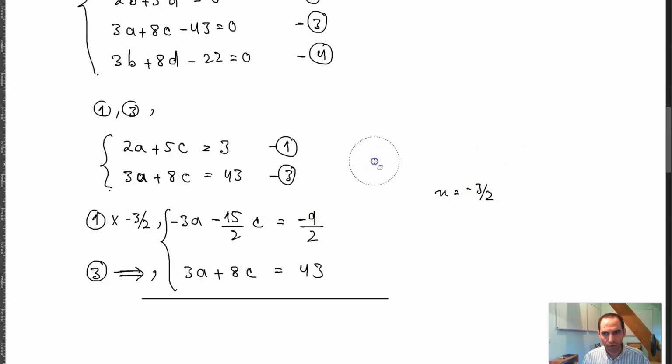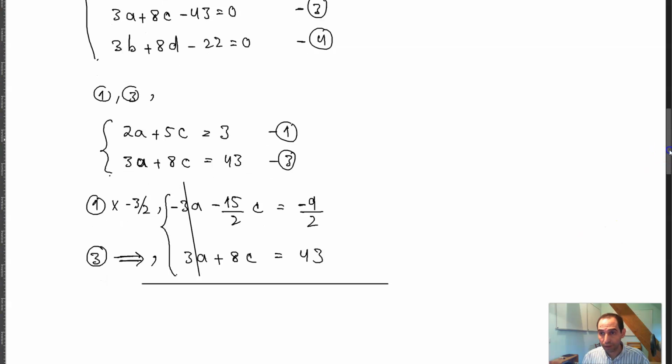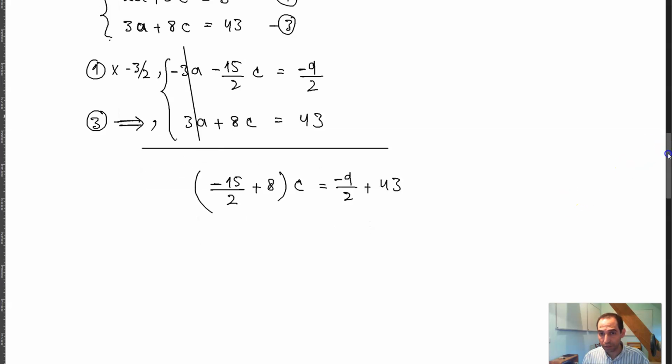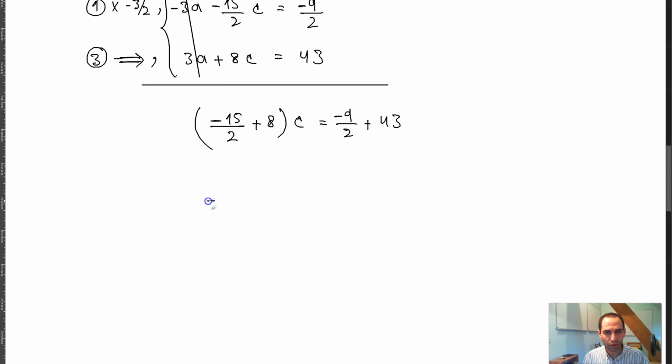Therefore these two will cancel out, and you will have negative 15 halves plus 8 times c is equal to negative 9 halves plus 43. Negative 15 halves plus 8 is equal to negative 15 plus 16 over 2, which is 1 half.